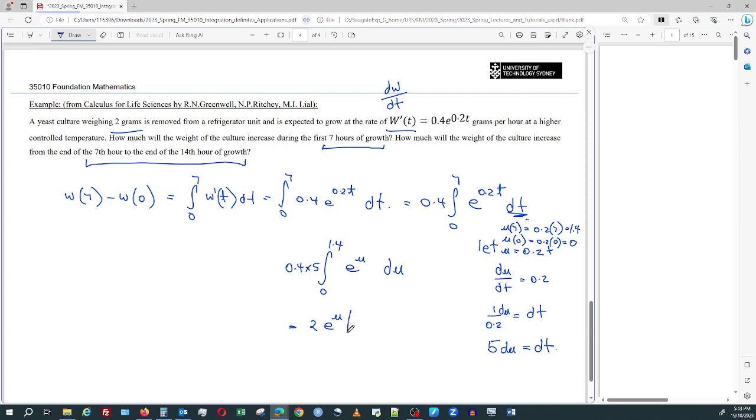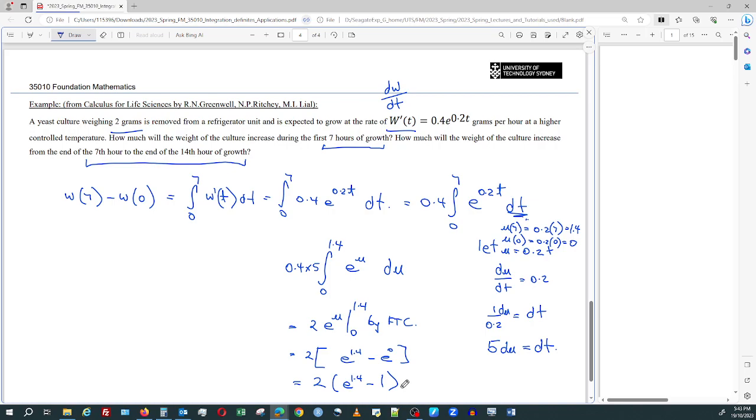And so we'll have from 0 to 1.4 by FTC. And it just means that it works. So our scaffolding will be 2 e to the 1.4 minus e to the 0. So e to the 0 is 1. So our final answer is 2 times (e to the 1.4 minus 1).